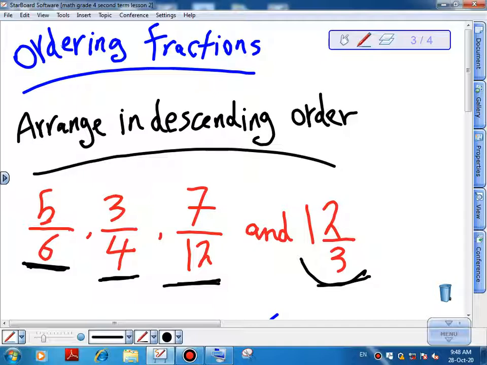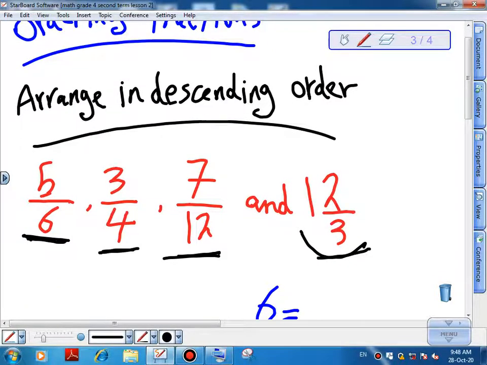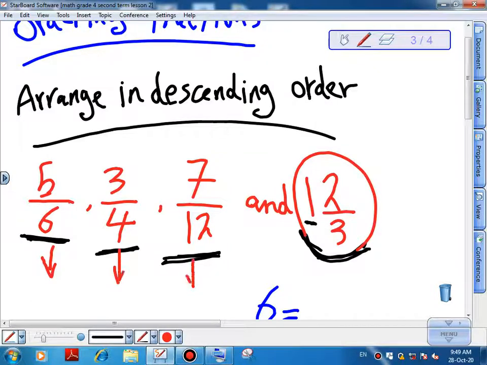First, we can't arrange any fractions if we don't have the same denominator. I have 6, 4, 12, and 3, but the last one has a whole number. 1 and 2/3 is a mixed number. We need first to convert this type of fraction to an improper fraction in order to compare between these fractions.